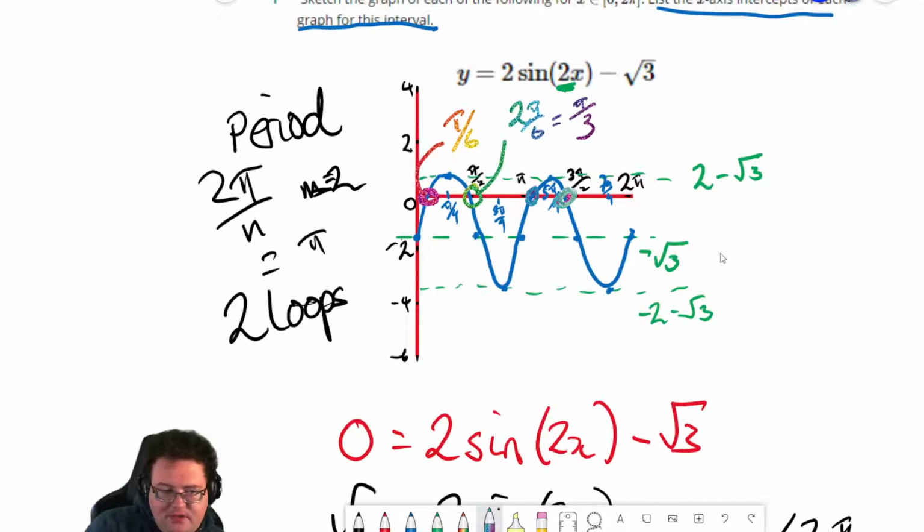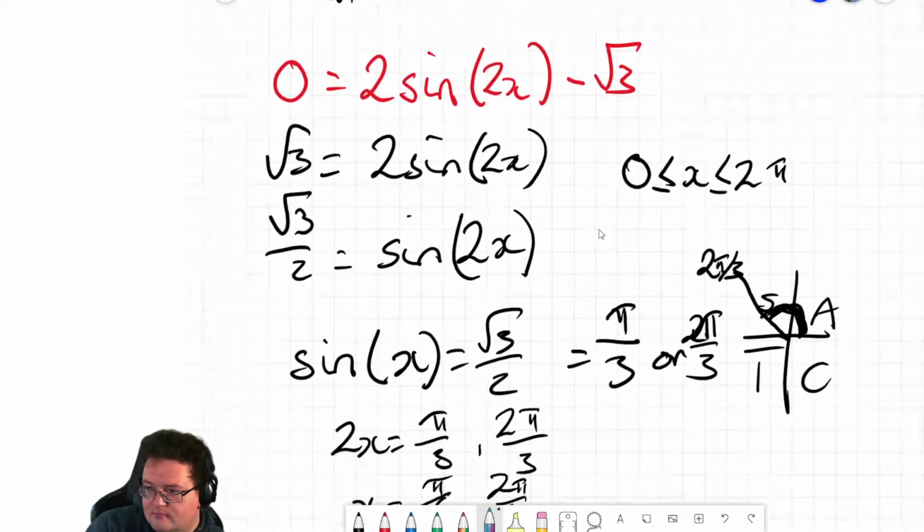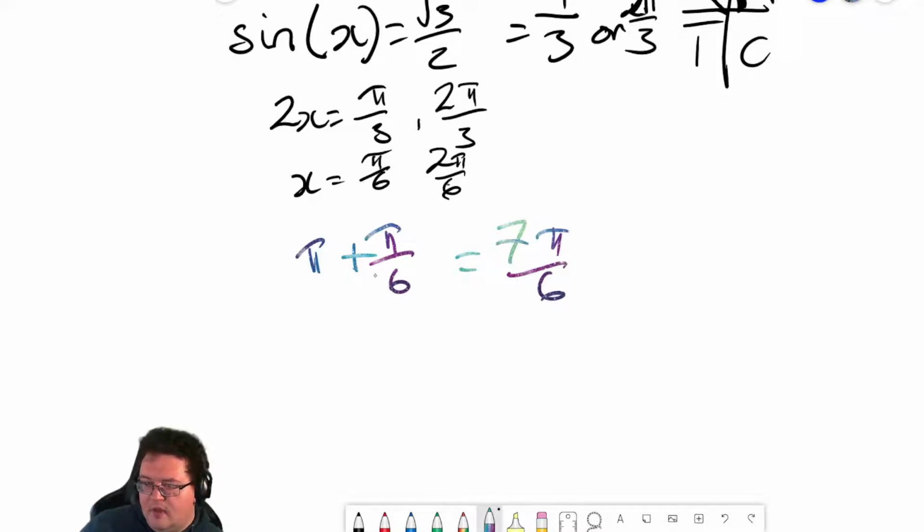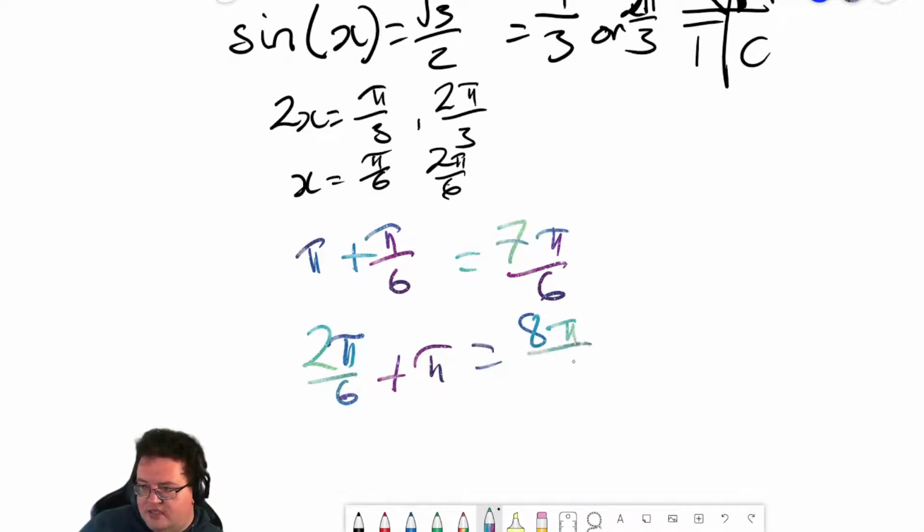So what is pi plus pi on 6? It is 7 pi on 6. And then 2 pi on 6 plus pi is 8 pi on 6, which is 4 pi on 3.